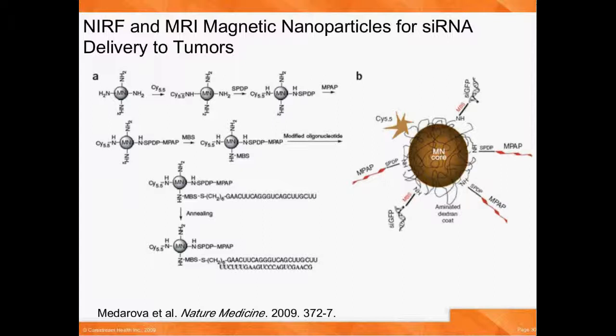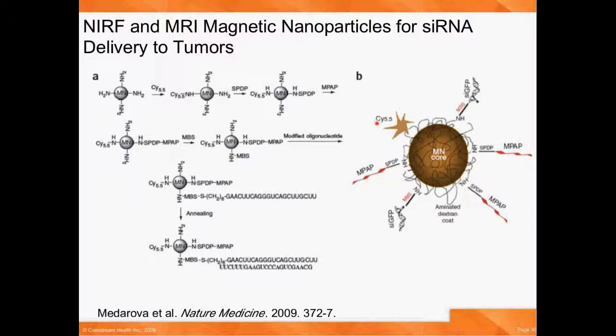Another group recently published in Nature Medicine that they wanted to create nanoparticles that would target tumors specifically, as well as deliver a payload of siRNA. Their model siRNA here was siRNAs against GFP. The iron oxide core is useful for imaging by MRI at some future time point, perhaps if it gets to the patient.